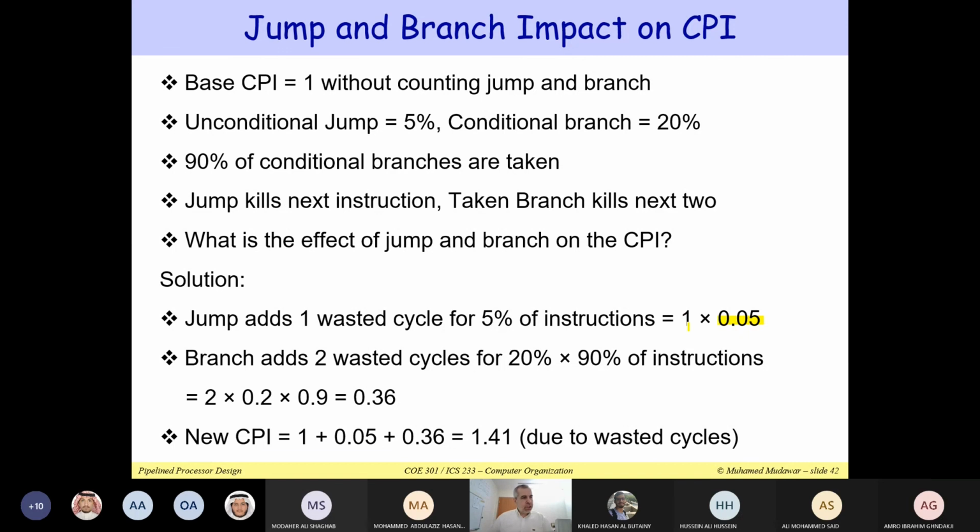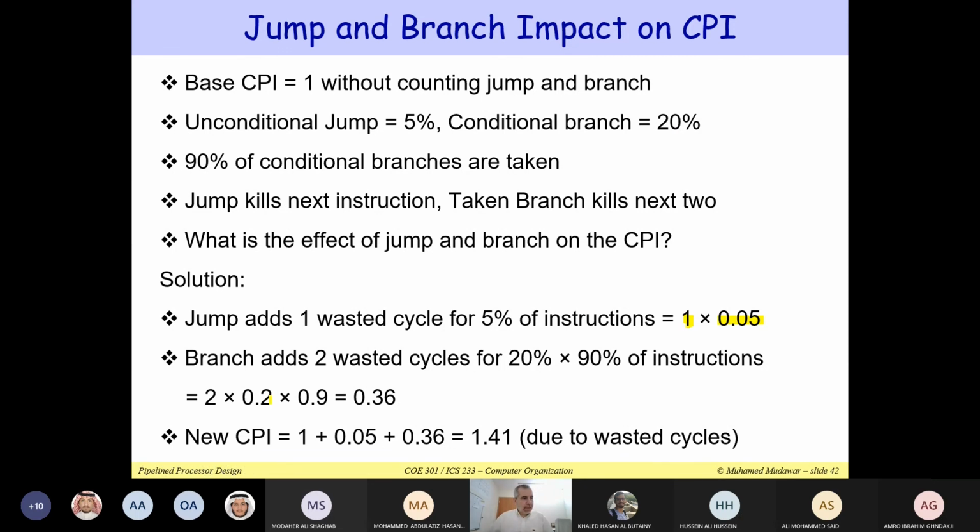Of course, each jump is wasting 1 cycle. In the case of branches, if 20% of the instructions are branches and we have 100 instructions, we have 20 branch instructions. But 90% of these 20 are taken branches, so we multiply 90% by 20.